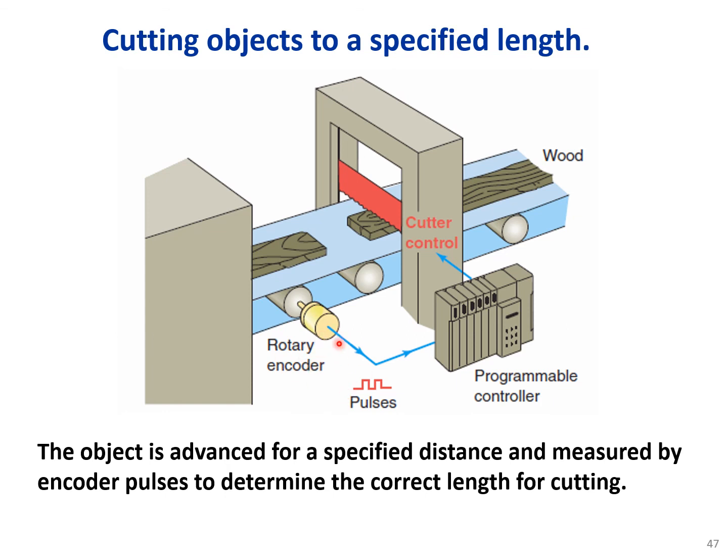The optical encoder sends these pulses to the PLC. By counting the number of pulses, we could know how far we push these woods forward under the cutter. The object is advanced for a specified distance and measured by a counter pulse to determine the correct length for cutting.